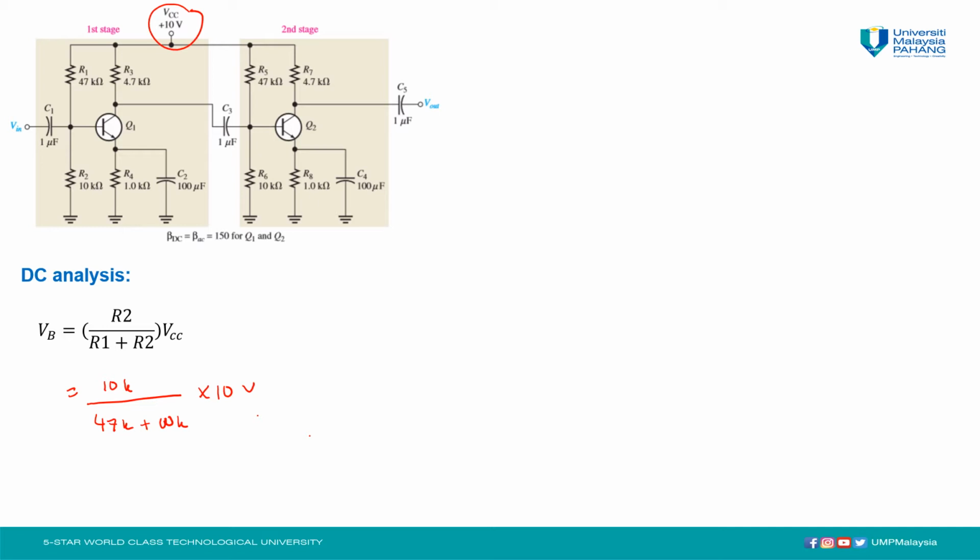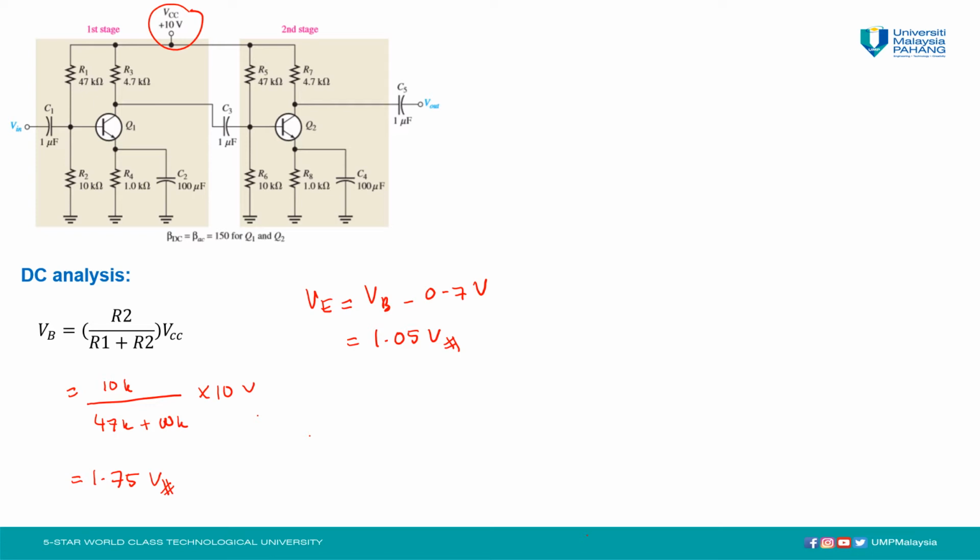For VB, we will get 1.75 volt. After we get VB, we can calculate VE. VE is equal to VB minus 0.7 volt, so VE equals 1.05 volt.